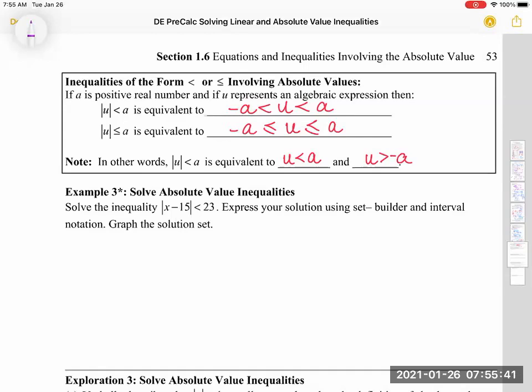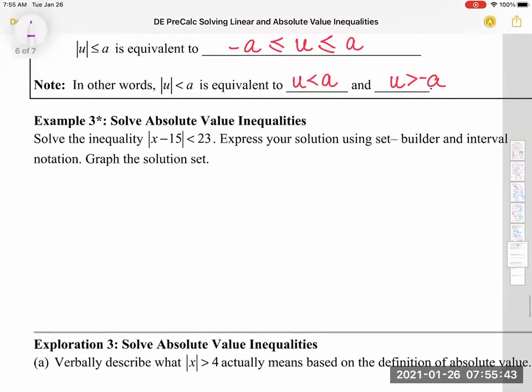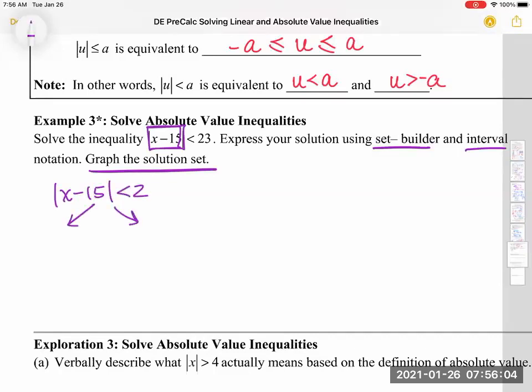All right, example 3. Solve the inequality: the absolute value of x minus 15 is less than 23. We're going to use set builder notation and interval notation, and we're going to graph it. The absolute value is all by itself, so this becomes 2 inequalities. x minus 15 is less than 23, and x minus 15 is greater than negative 23.